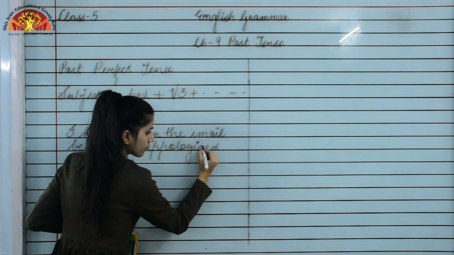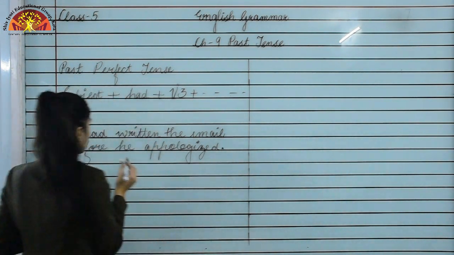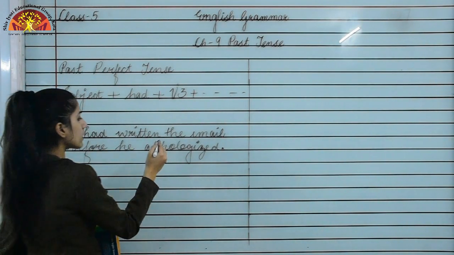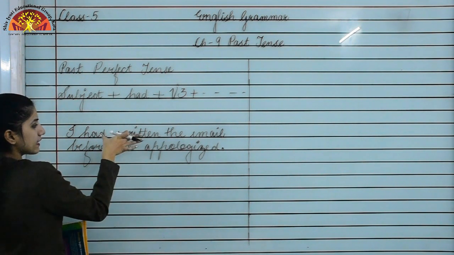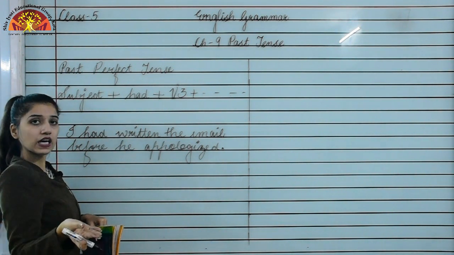So now you can see that I had written the email before he apologized, meaning before he apologized, this action was already done: I had already written the email.